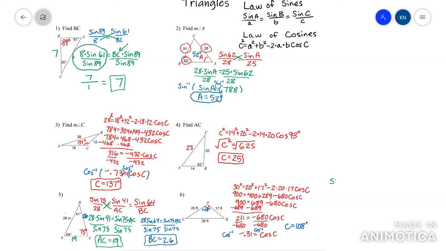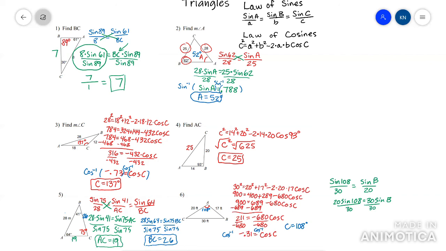I'm going to run sine 108 over its length, which is 30, equals, you can just pick one to get here. Let's get angle B. So sine B over its side length 20. Cross multiply, you'll get 20 sine 108 equals 30 sine B. So divide by 30.